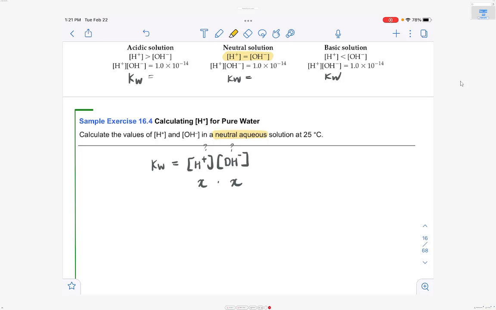This is what we already know for the neutral solution. And since we already know the Kw value of the neutral aqueous solution, that it's 1.0 times 10 to the negative 14, now we just have to solve for X.